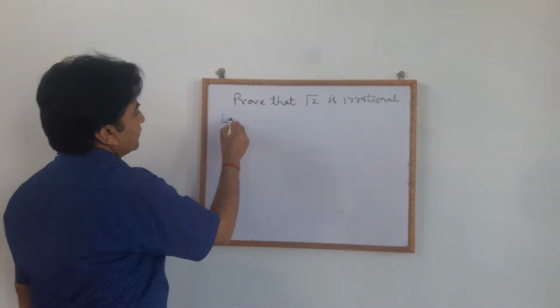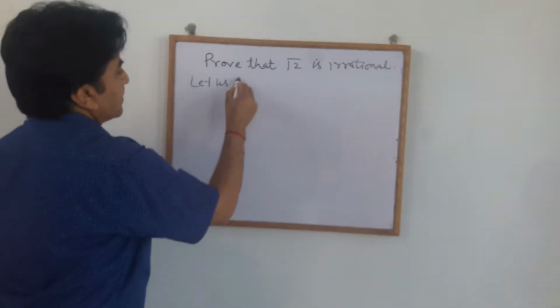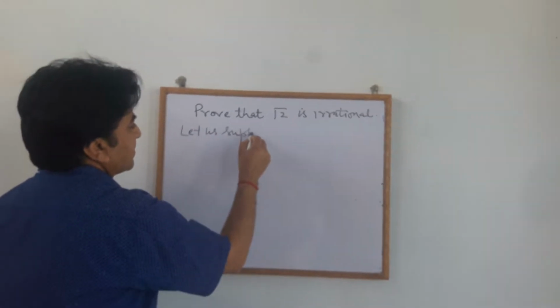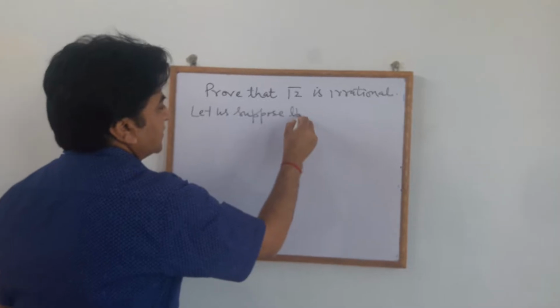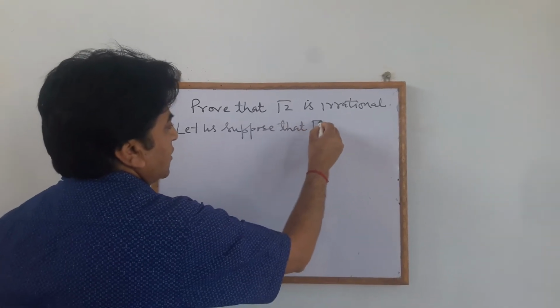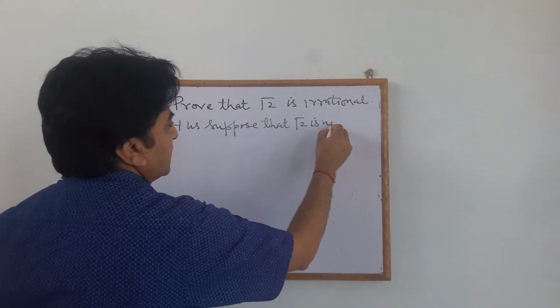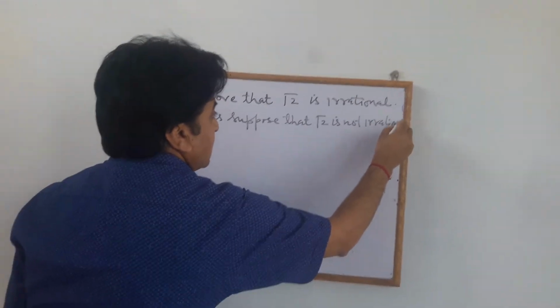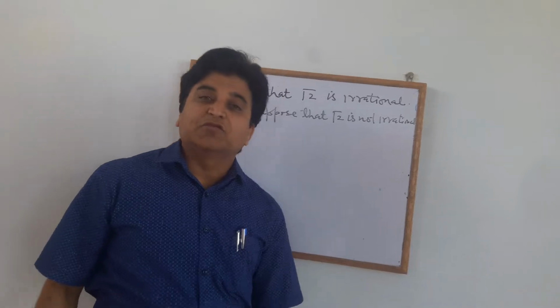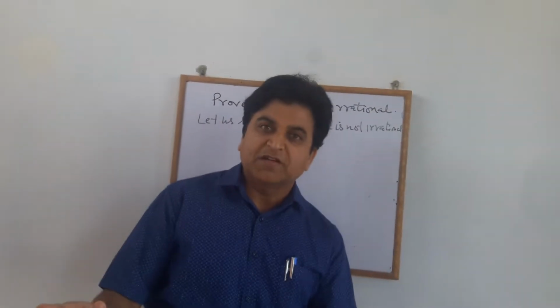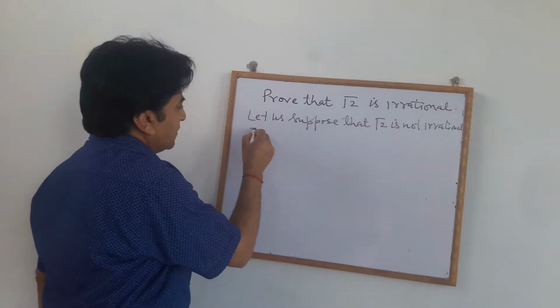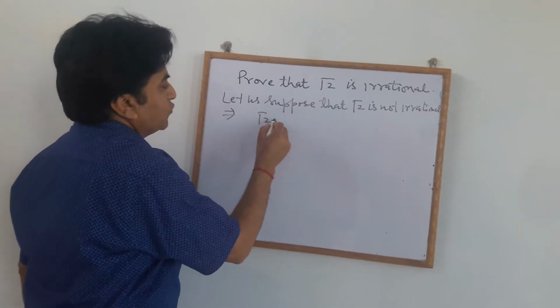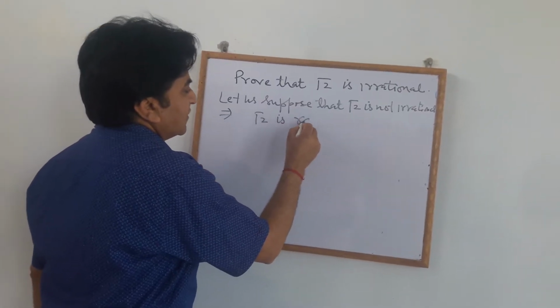Let us suppose that root 2 is not irrational. If root 2 is not irrational, so what type of number is root 2? It means it is rational. So which implies root 2 is rational.